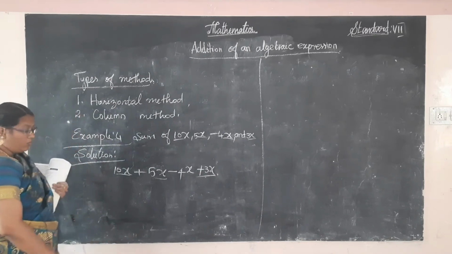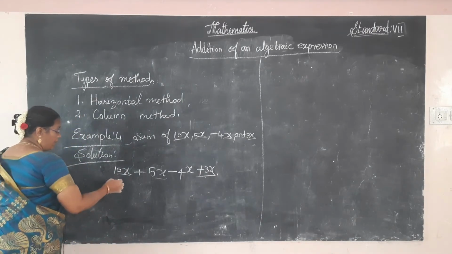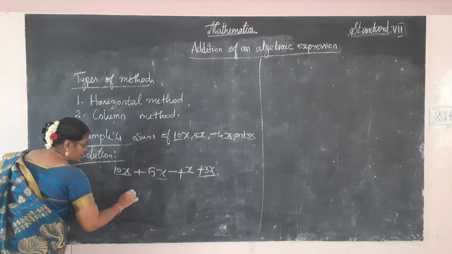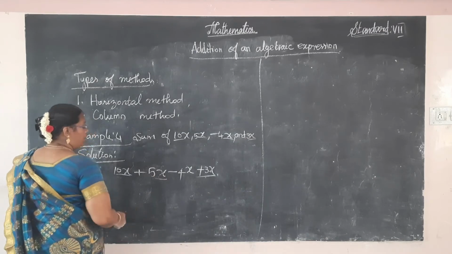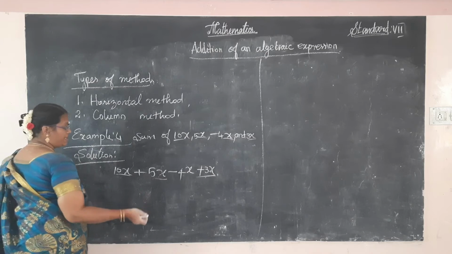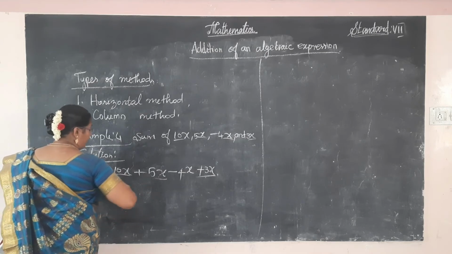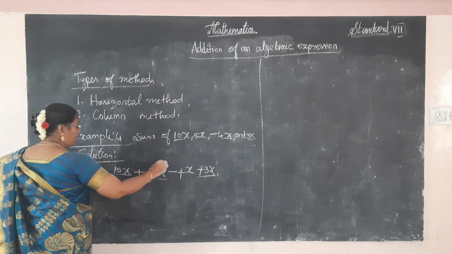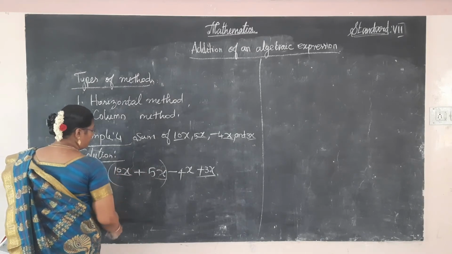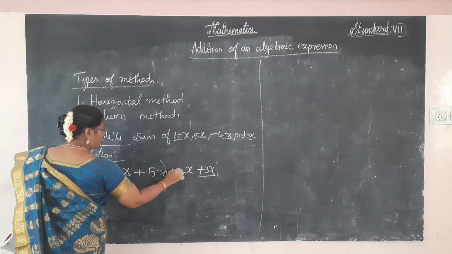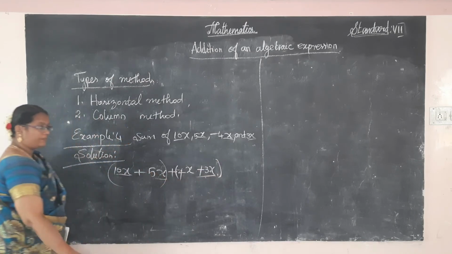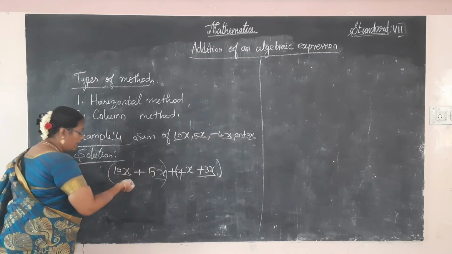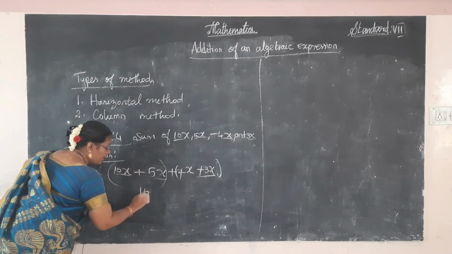So 10x plus 5x is 15x. You can calculate directly and write it, or otherwise arrange in some suitable way, as you wish, because all the terms are like terms.